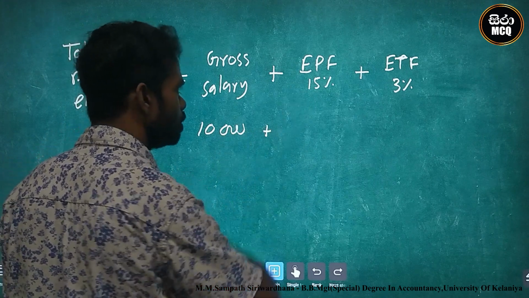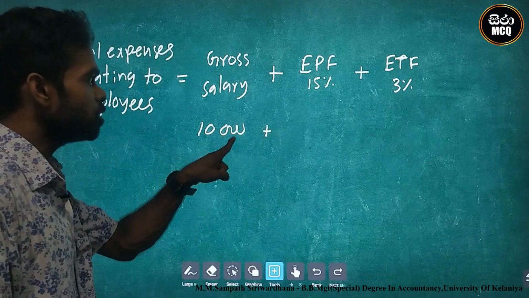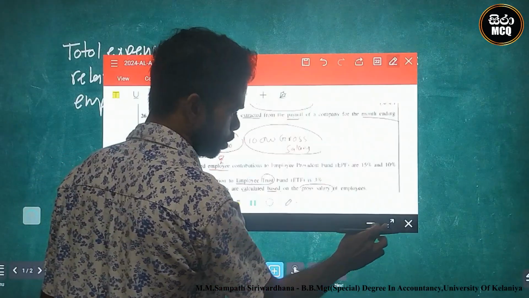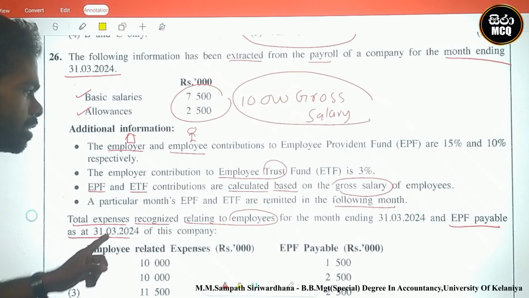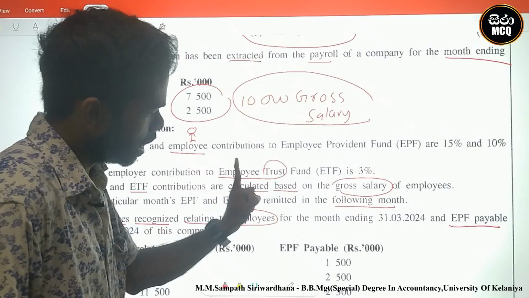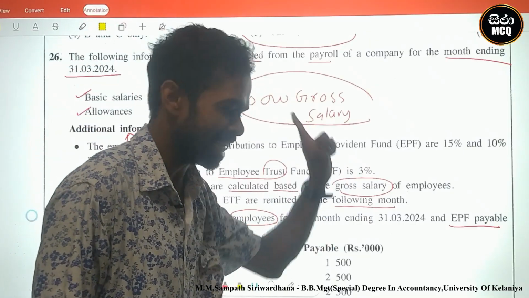How can we calculate 15% for EPF? It is based on gross salary. Why? The question said that EPF and ETF contributions are calculated based on gross salary.